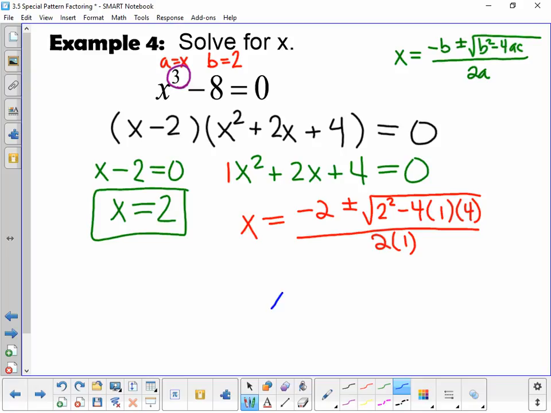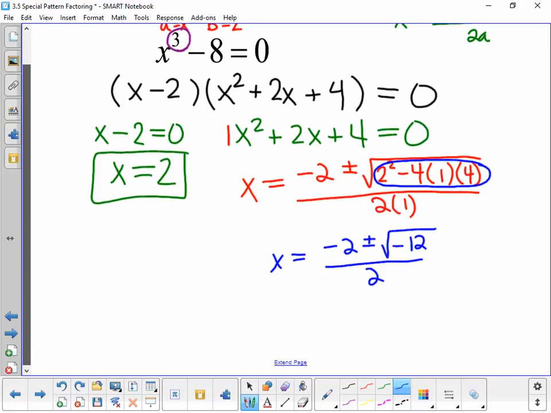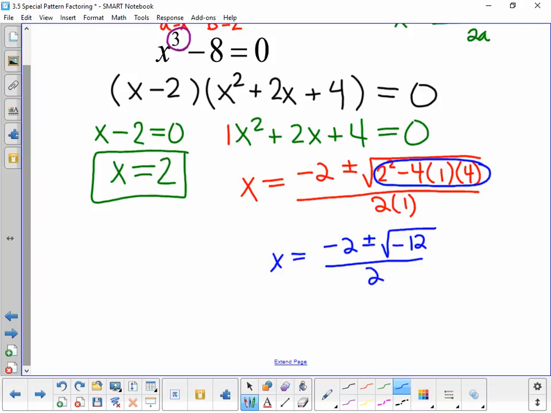So if we work on simplifying that a bit, we have negative 2 plus or minus the square root of, and if we figure out what's inside the square root here, it is negative 12. You could type that in your calculator to get it. So we're almost finished. We just need to finish simplifying this radical expression to see if we can simplify it a bit more.